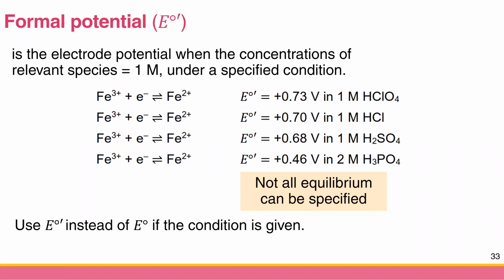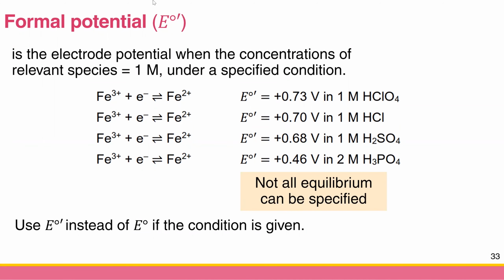But if you use something as the medium, like perchlorate or hydrochloric acid or sulfuric acid or phosphoric acid as the solvent for this reaction, then it will give you some complexation equilibrium or maybe solubility equilibrium, but we cannot write all of the equilibria. So we just use it empirically by measuring with the relevant species at 1 molar, which in this case are iron 3 plus and iron 2 plus, both 1 molar, and measure its electrode potential.